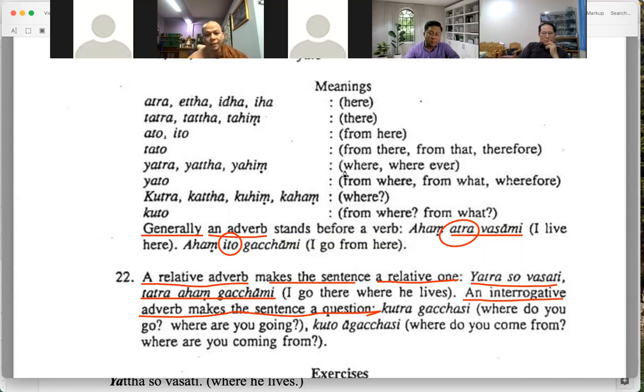Yes, utthasi is stands up or gets up or wake up also. Get up also. Yattha and yada, the same meaning, they are synonymous. Yattha and yada have the same meaning. Any one you like or any one you remember, you can use.